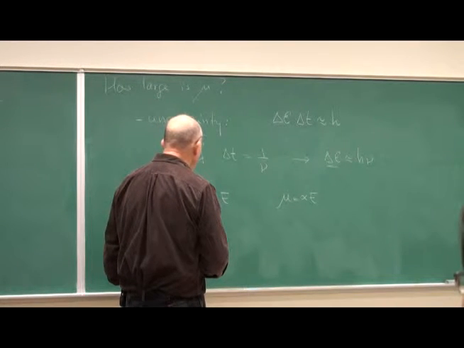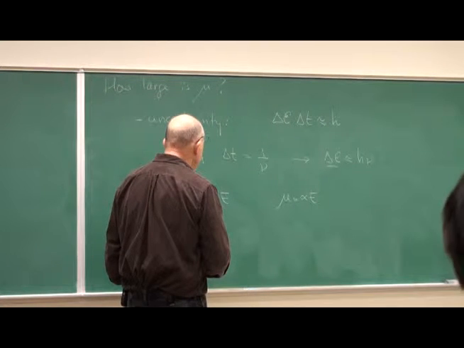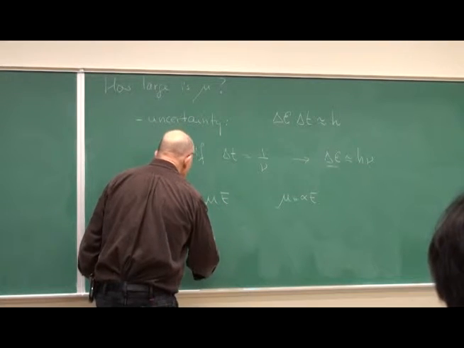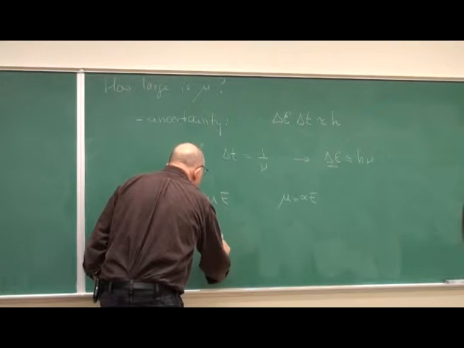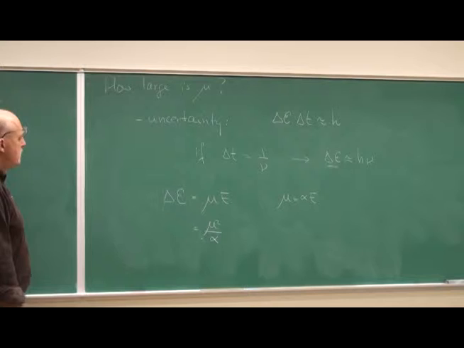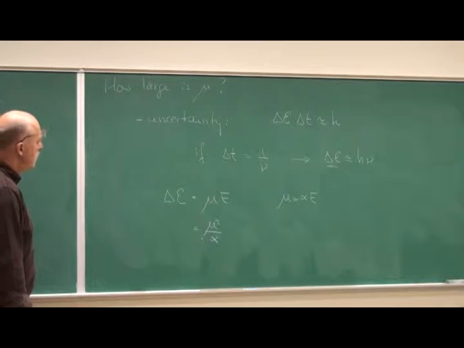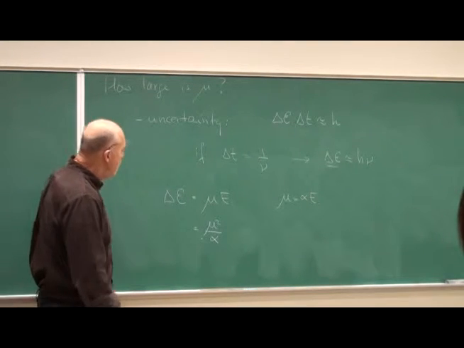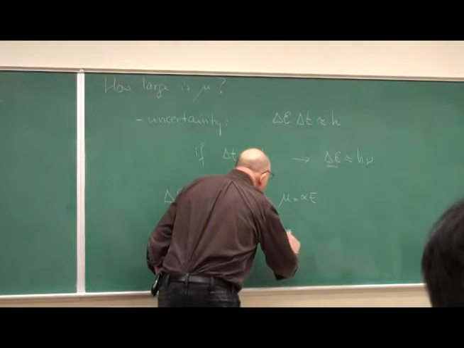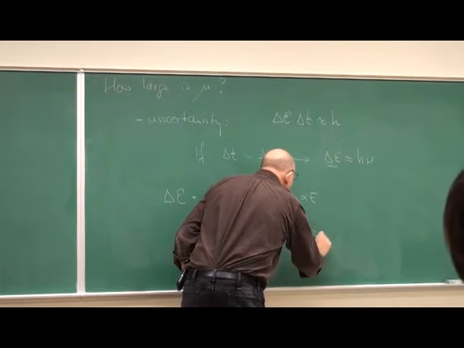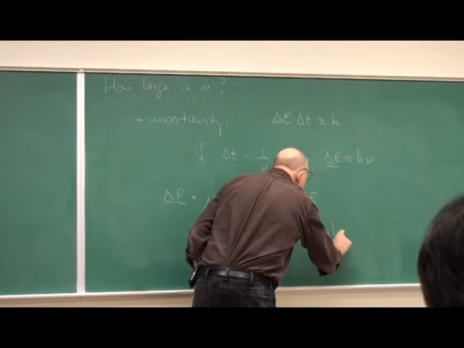So we can write E as mu over alpha. So we have mu squared over alpha. So this is dimensionally good. And so if we substitute this in there, then we get that mu squared is approximately equal to alpha times h nu.